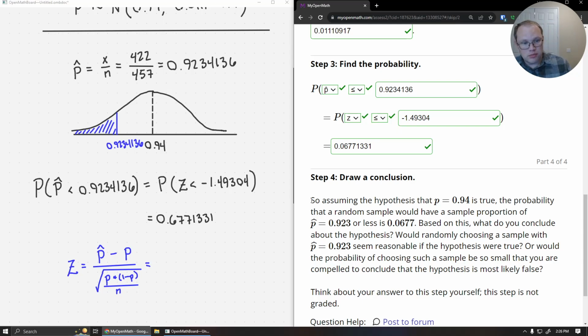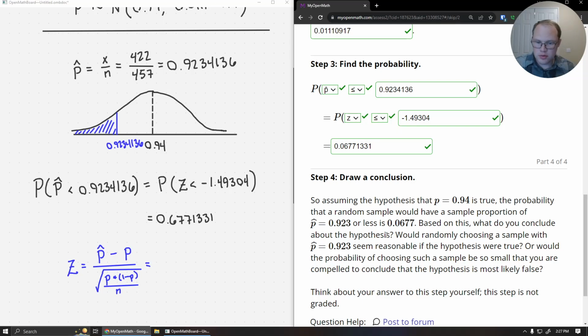We know what we just calculated is that if the hypothesis that the population proportion is 0.94 is true, the probability that a random sample would have a sample proportion of 0.923 or less, so our actual sample proportion, or even worse, even further away from the hypothesis, is 0.0677. So that's about a 6.7% chance, 6.8% chance of that happening.